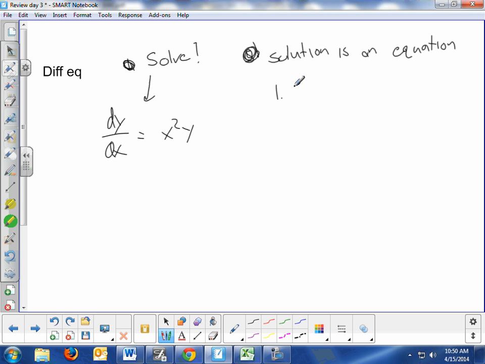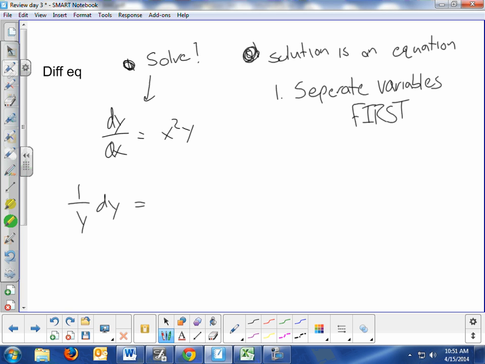First thing we must remember with any differential equation, and make sure we write this down, is separate your variables first. If you don't remember to separate your variables, you're going to get 0 points on a differential equation free response problem. So example here, I would divide by y, multiply by dx.